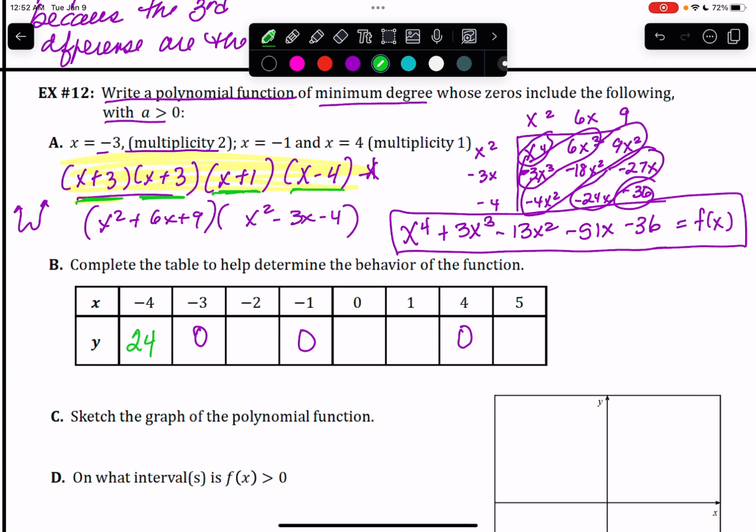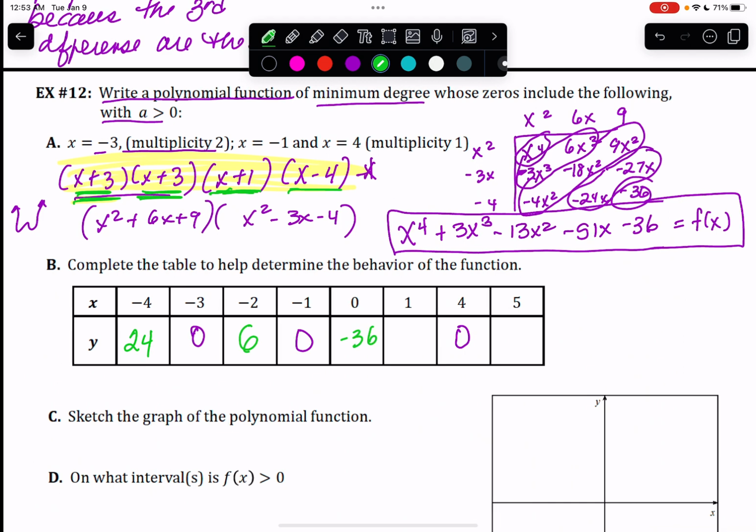Putting in a negative 2, that would be 1 times 1 times negative 1 times negative 6. So negative 1 times negative 6 would be 6. If I put 0 in, it'd be 3 times 3 is 9 times 1 times negative 4. So you get negative 36 here.